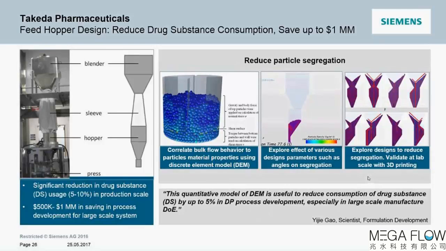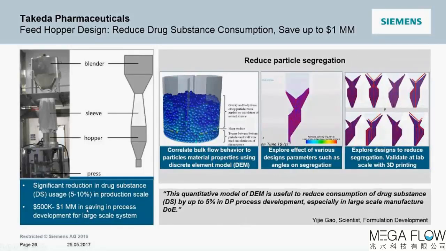So for example, in the pharmaceutical industry, if the drug substance which is used is not distributed uniformly, then one has to add extra drug substance to make up for the segregation or the separation that is seen. With the use of simulation, one is able to scale up these systems in such a way that the design has minimum possible separation of particles.